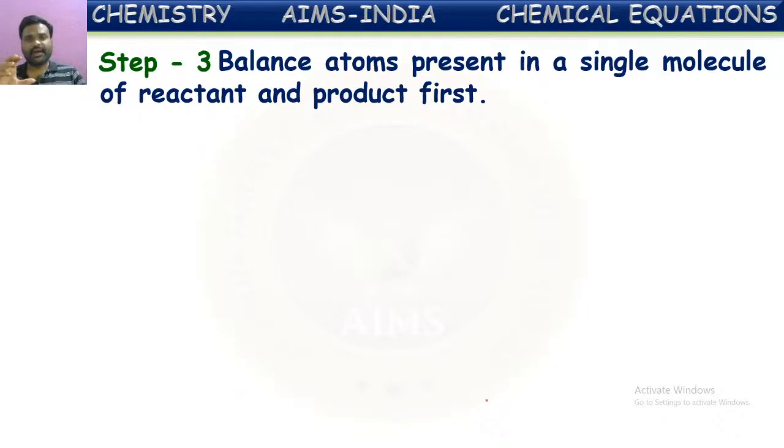If there are elements like oxygen in single elemental form, let us balance those last. First, let us balance the atoms other than oxygen and hydrogen, the iron in this equation. So let us try to balance the iron by placing some numbers in the equation, which we call the hit and trial method.